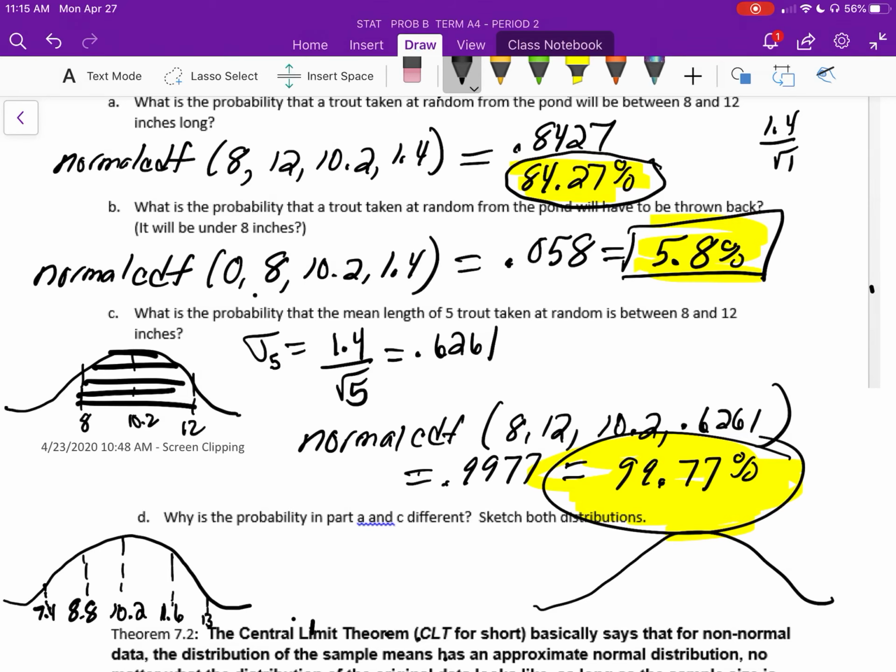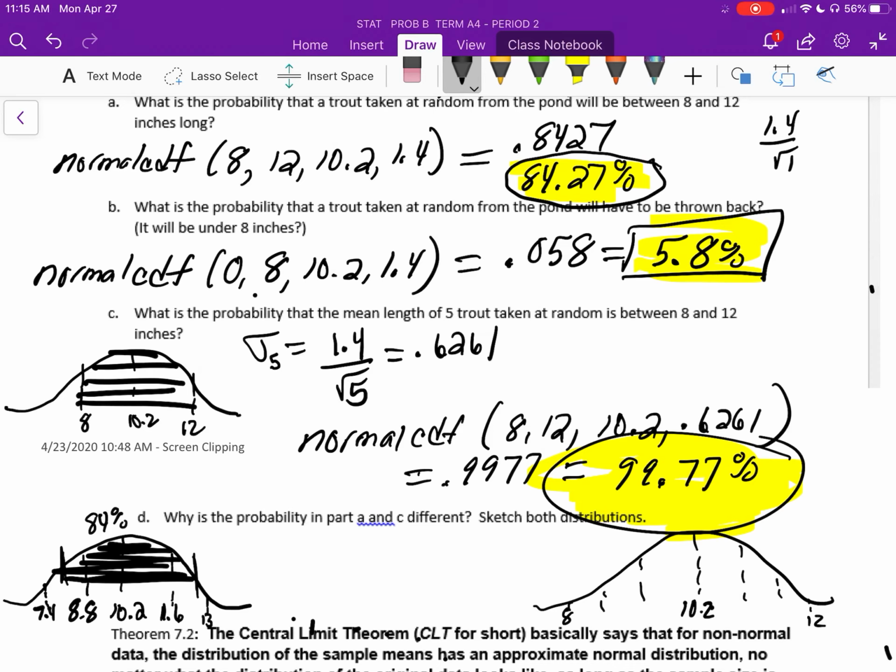So if you look, we wanted to go from 8 to 12, and that probability ended up being 84%, right? But in this example, if I have 10.2 in the middle and I start adding only 0.6261, adding 0.6261 is going to get me all the way out to here and all the way out to here before I get to 12 and 8.